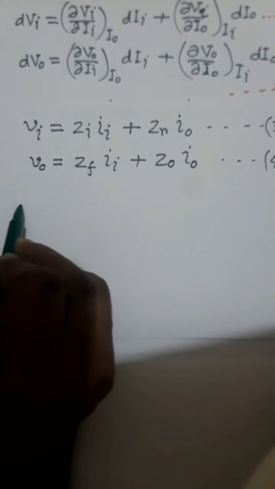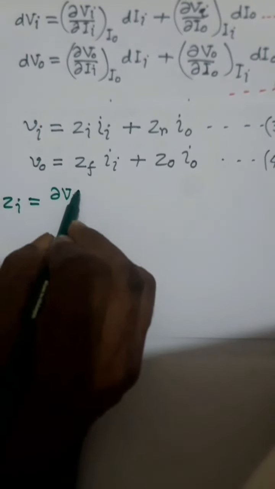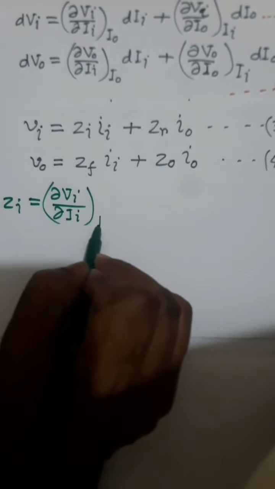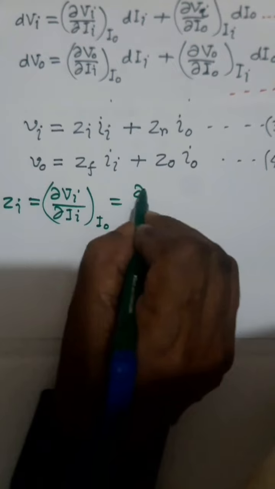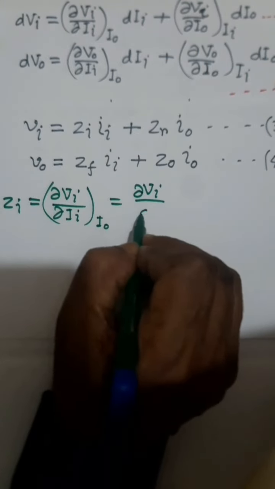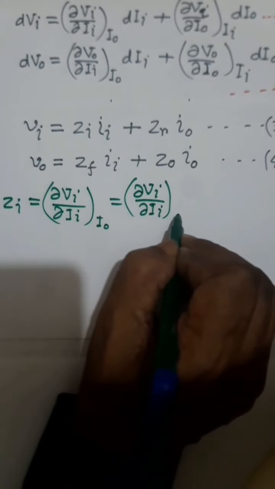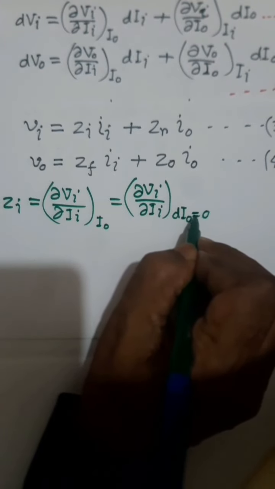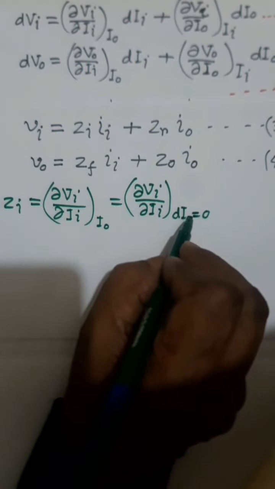Now Zi equals del Vi by del Ii, Io constant. It means that Io constant, that is dIo equals 0, as Io constant, its change is 0.